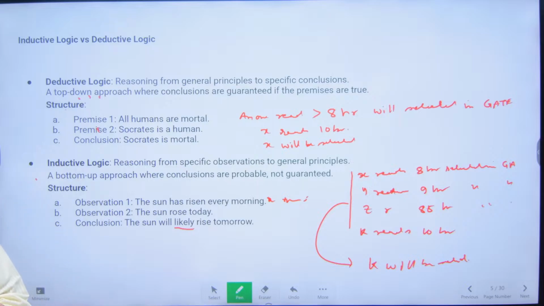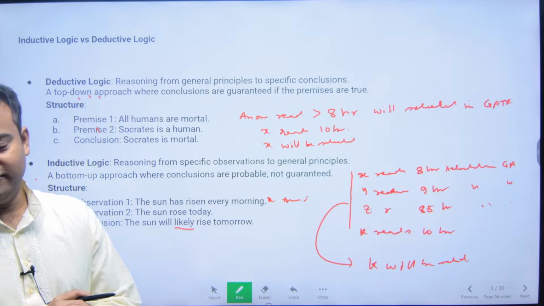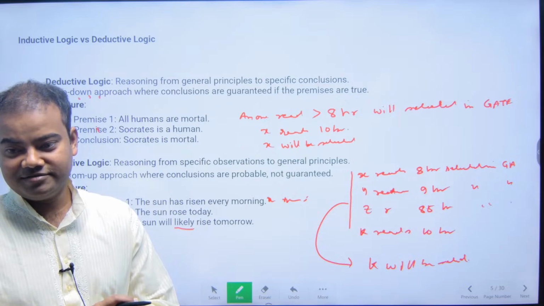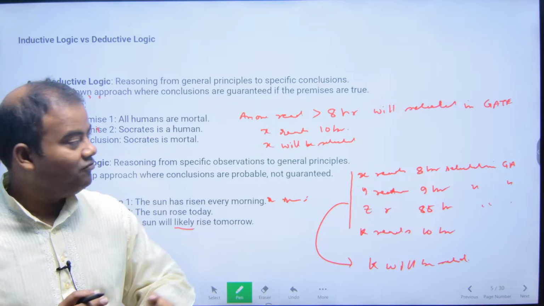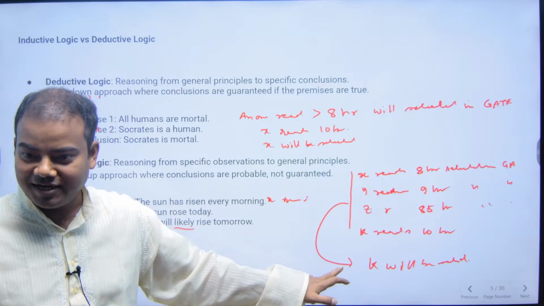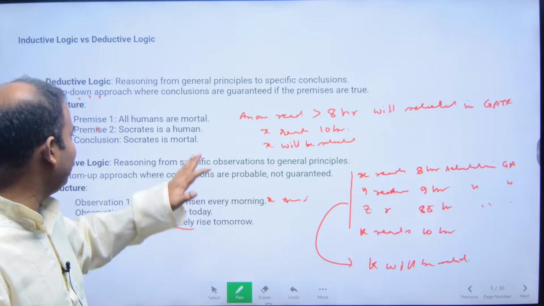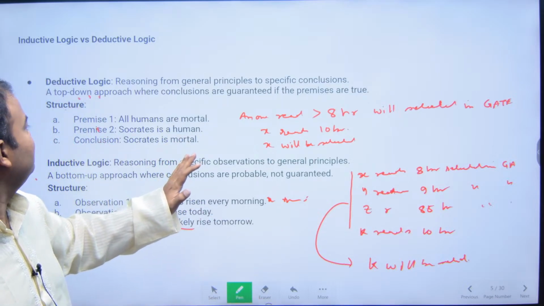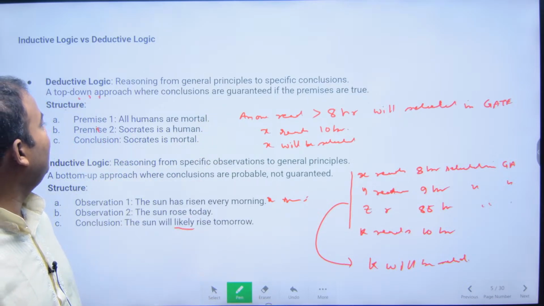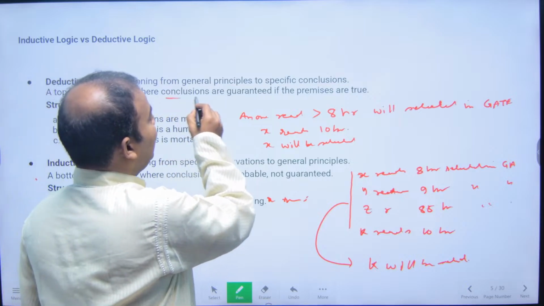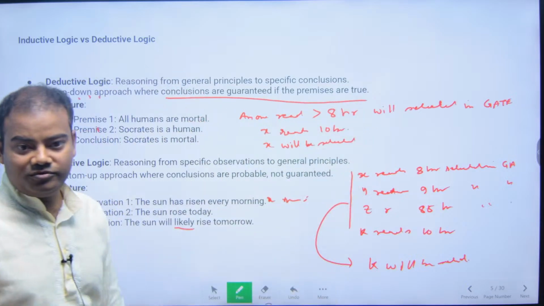Now can you tell me which logic is correct, means which one is always correct? First one. This is not always correct. Is it clear? This is always correct. Conclusions are guaranteed if the premises are true.